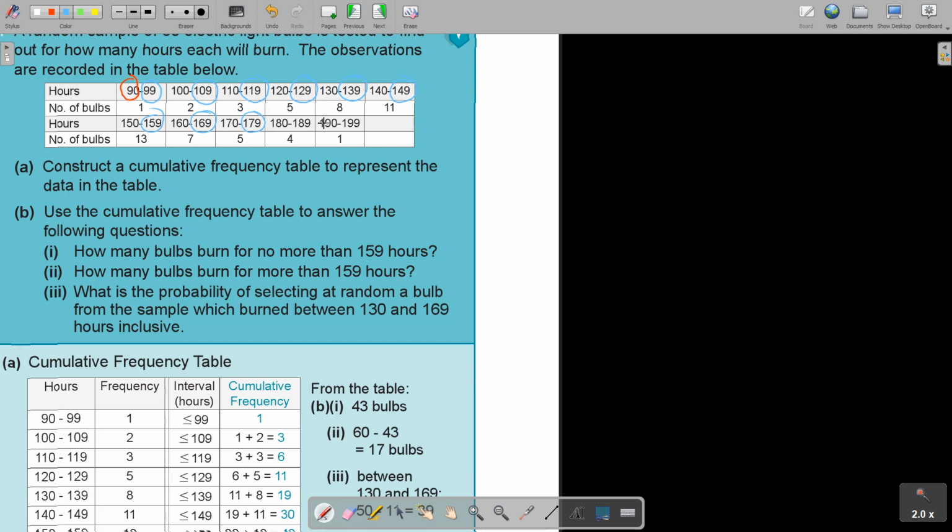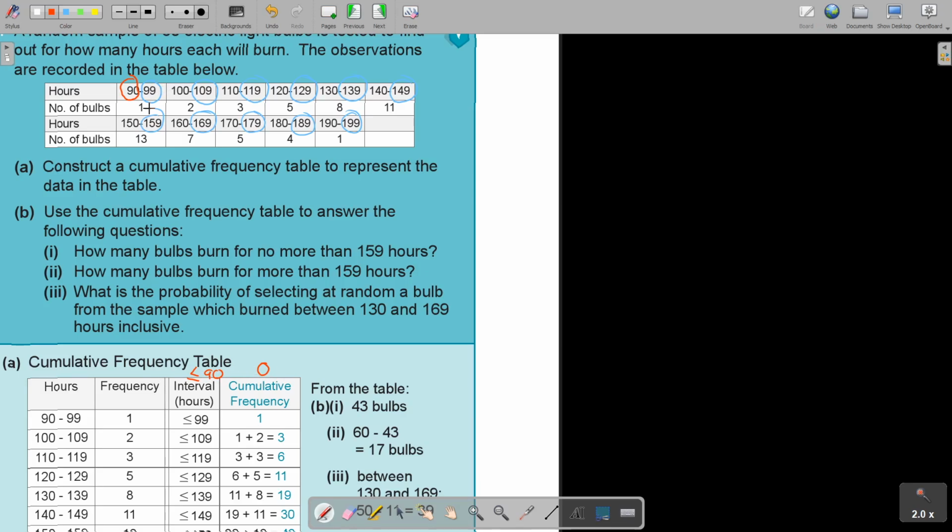So if I say smaller than or equal to 90, then I start with 0. Then it's easy to draw the graph.